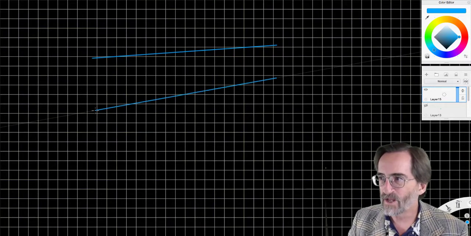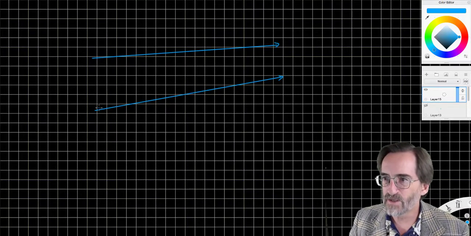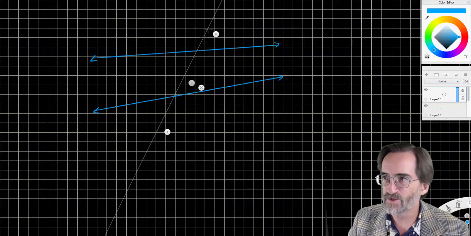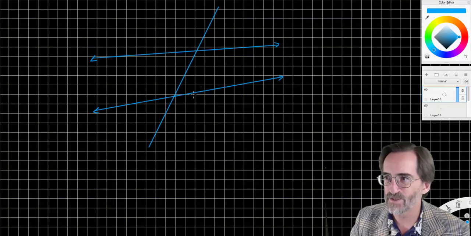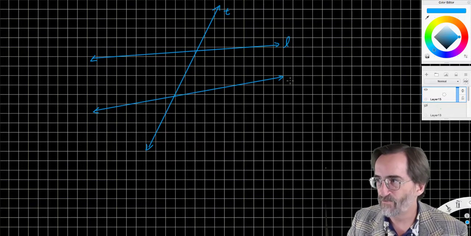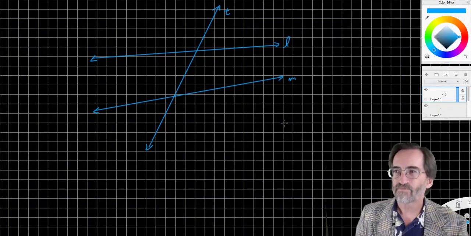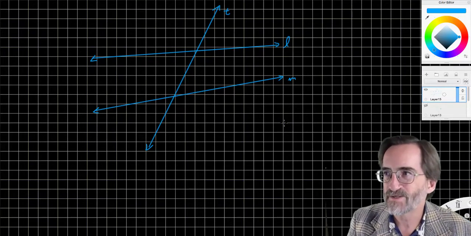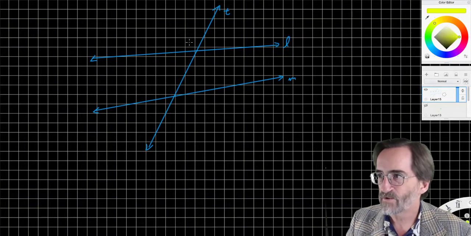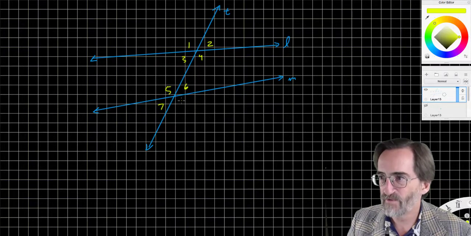Although actually they can't be skew because they are in the same plane. But we have two lines in a plane crossed by a transversal line, a line that crosses the two lines, L and M. L and M are crossed by the transversal T. And you'll notice there are in fact 8 angles. 1, 2, 3, 4, 5, 6, 7, 8.